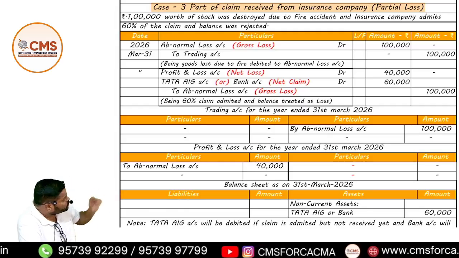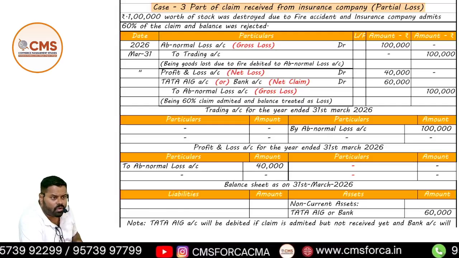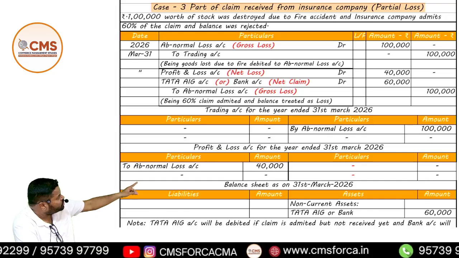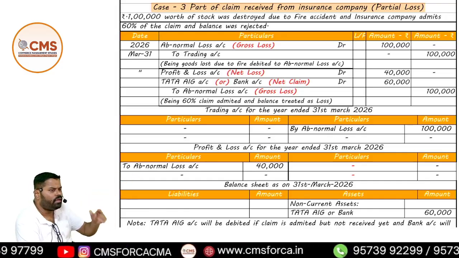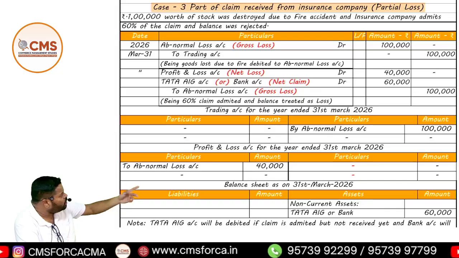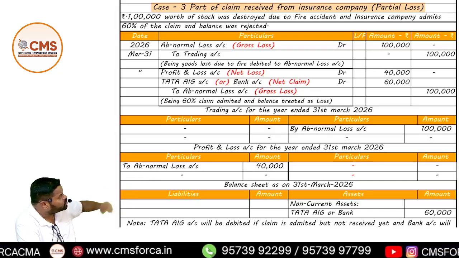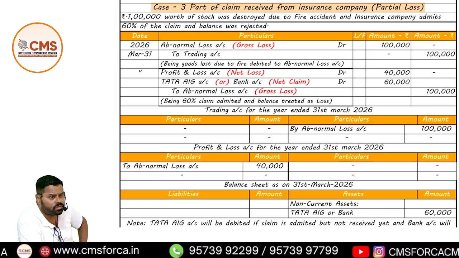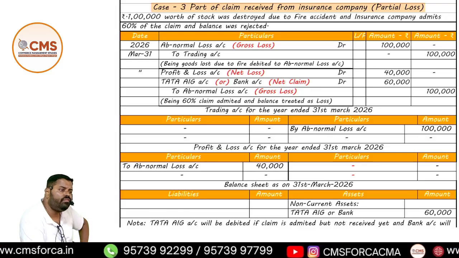Now, this is a three-way adjustment. Why is it called a three-way adjustment? The first thing is abnormal loss account debit to trading account. This is the common entry in all the 3 scenarios: full loss, no loss and partial loss. Whatever that 1 lakh is, it is called gross abnormal loss. That is, the actual stock that is destroyed in the fire accident.